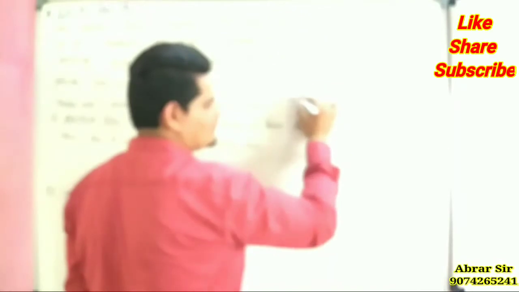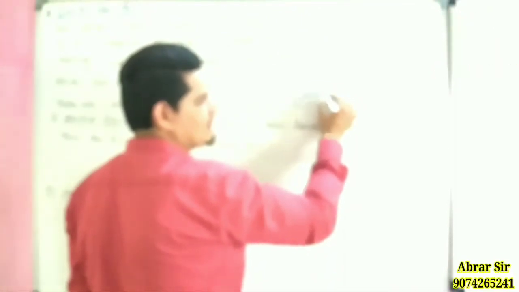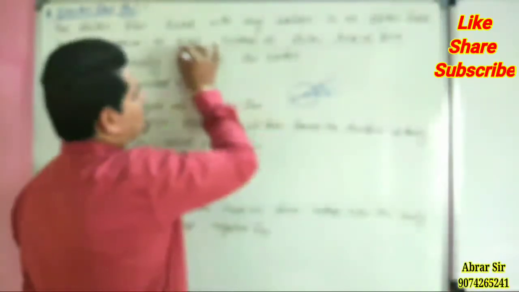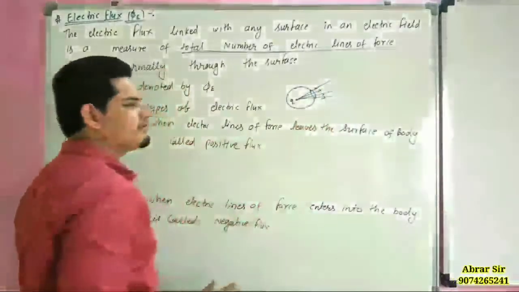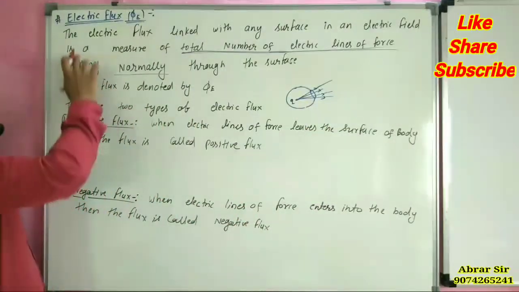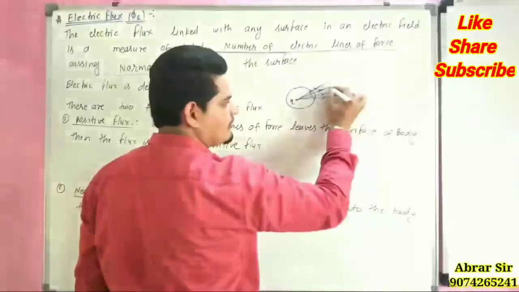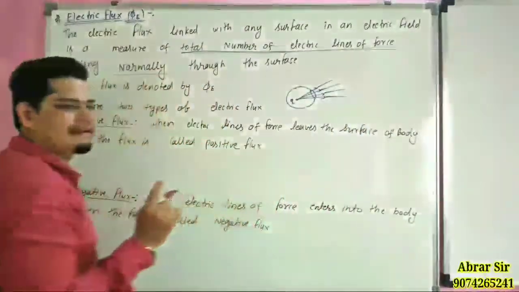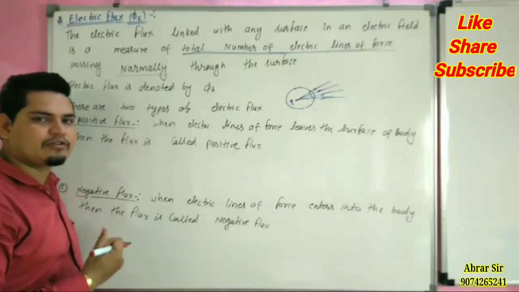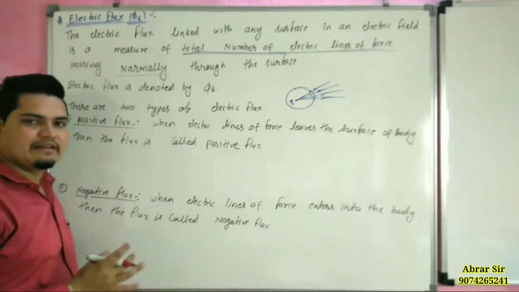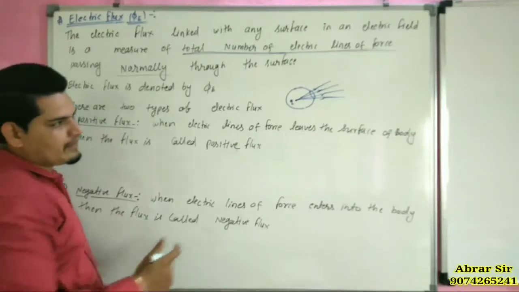So these electric lines of force pass normally through the surface, and this total number of electric lines of force is called electric flux. So electric flux is nothing but the total number of electric lines of force.